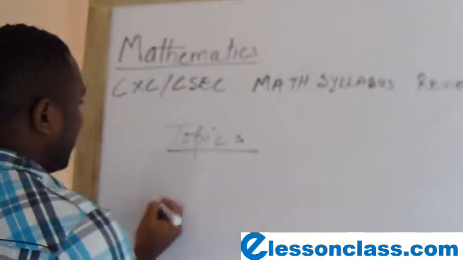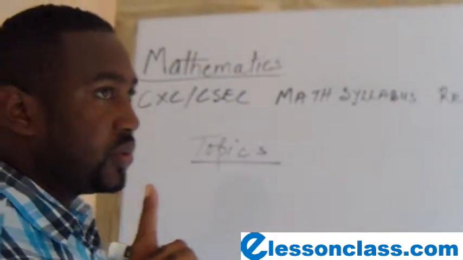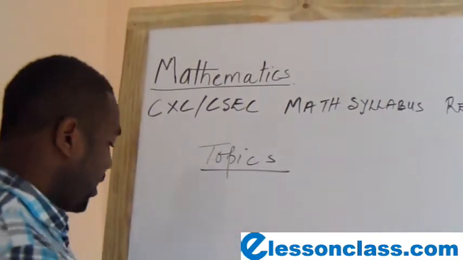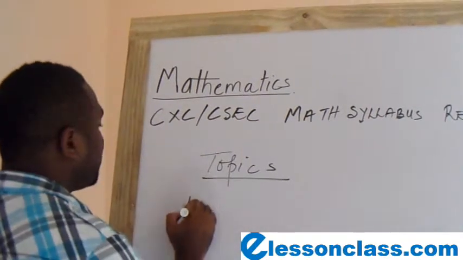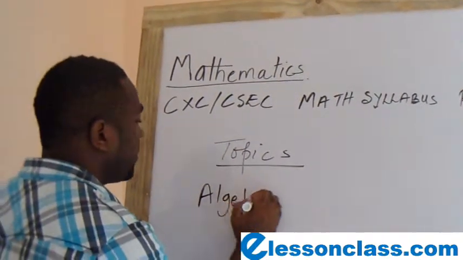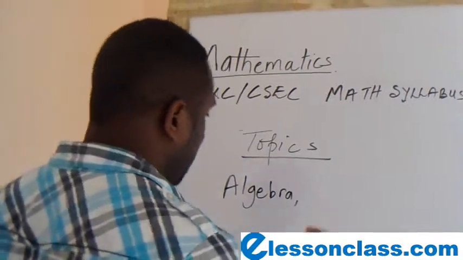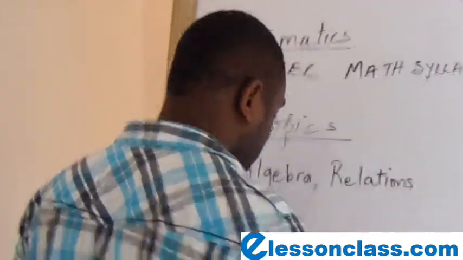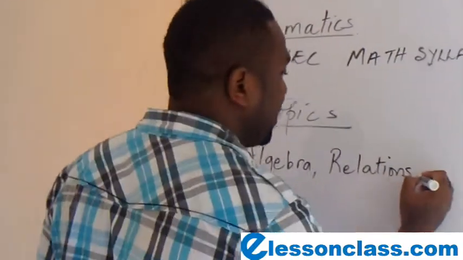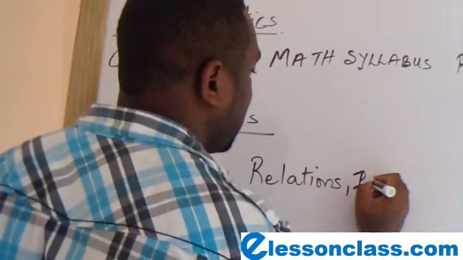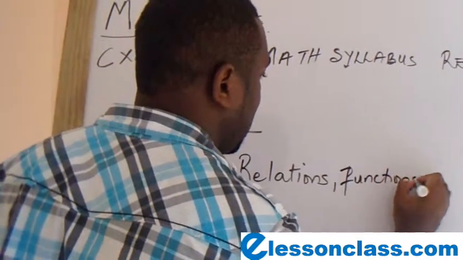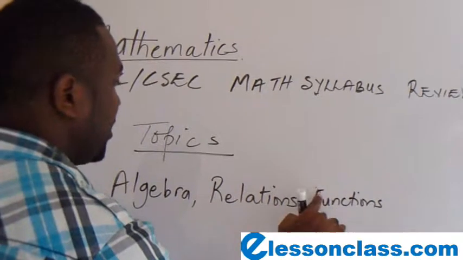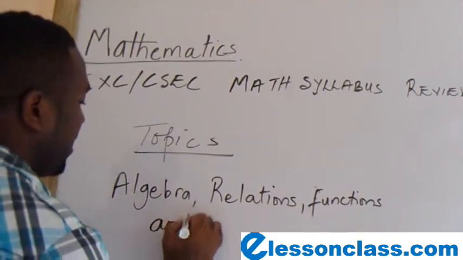So question 9 on paper 2, which would be in section 2, the first question of section 2, is always from algebra: relations, functions, and graphs.